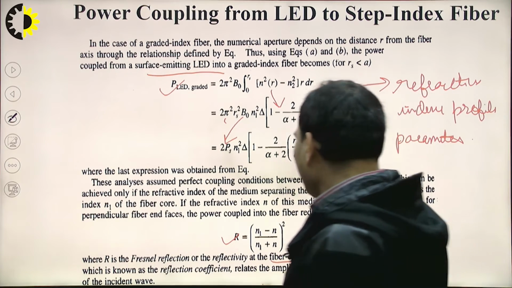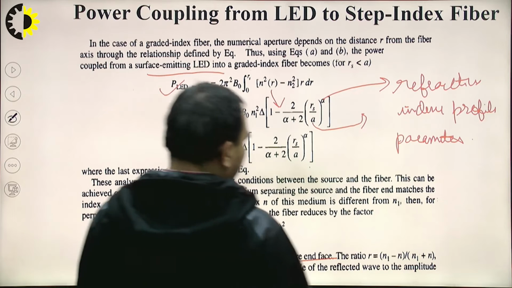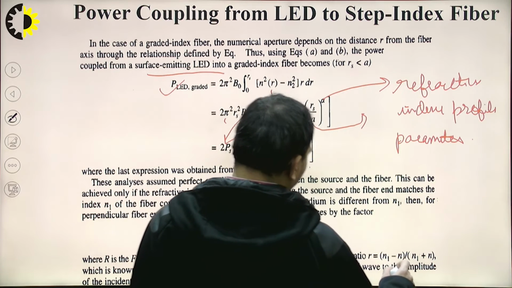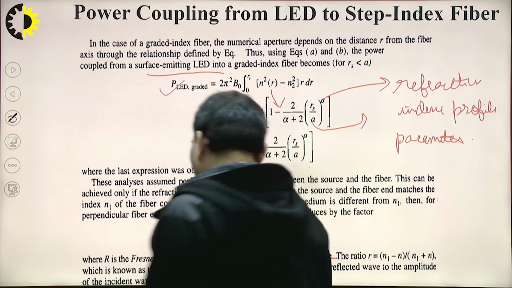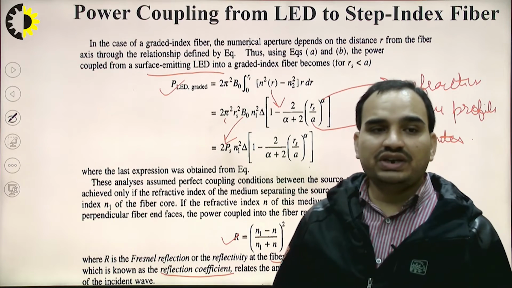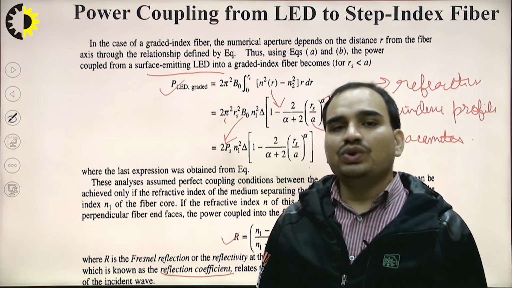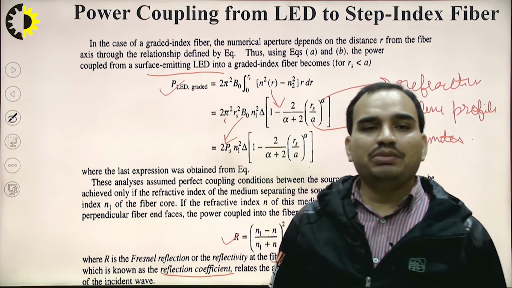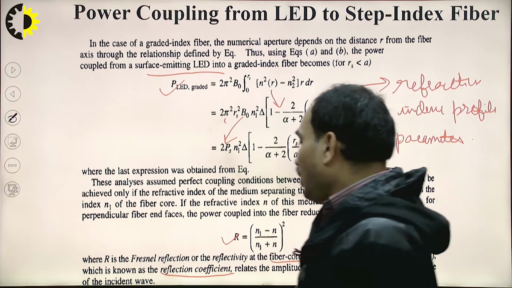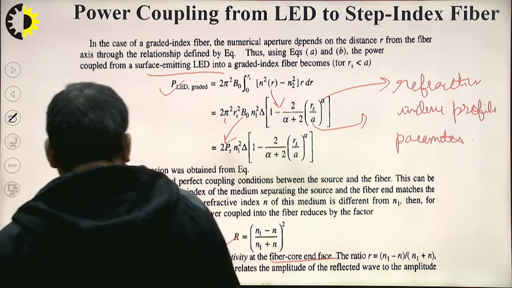And the ratio, that small r, that is N1 minus N by N1 plus N, is known as the reflection coefficient, which relates the amplitude of the reflected wave to the amplitude of the incident wave.